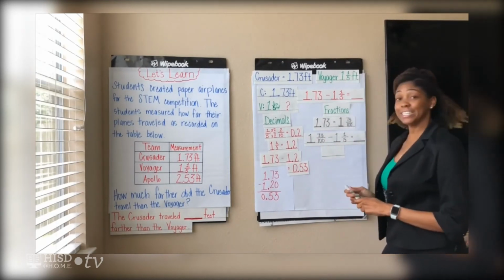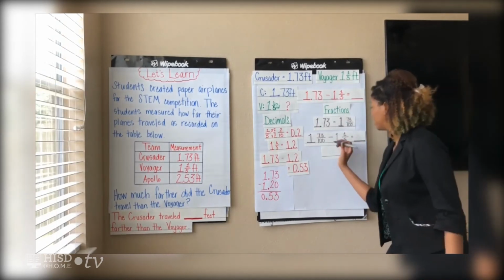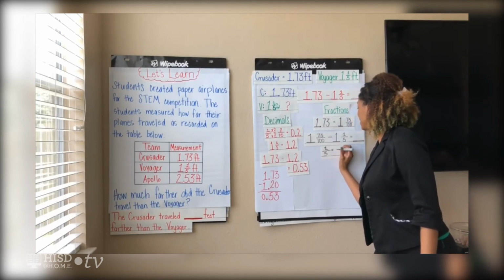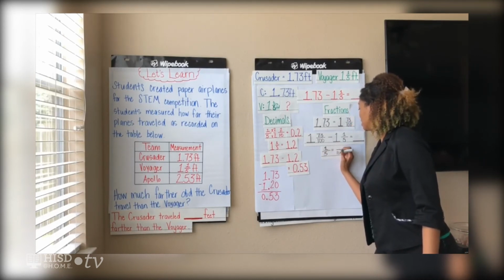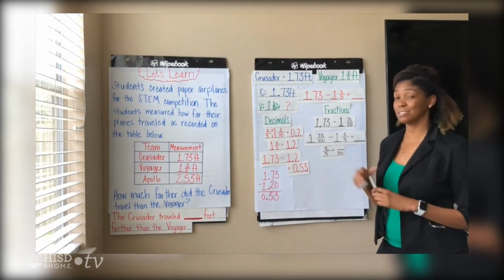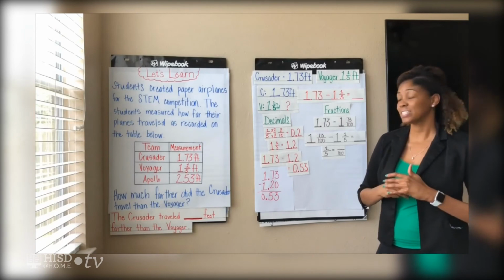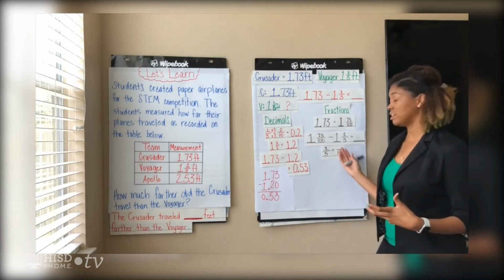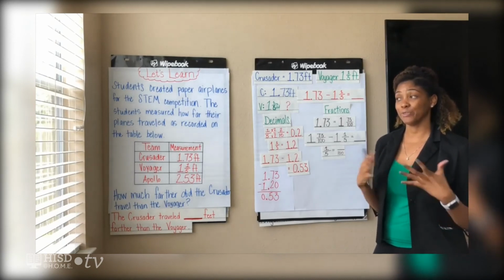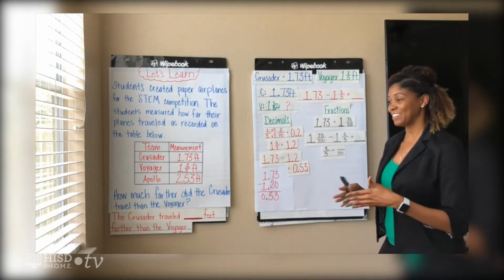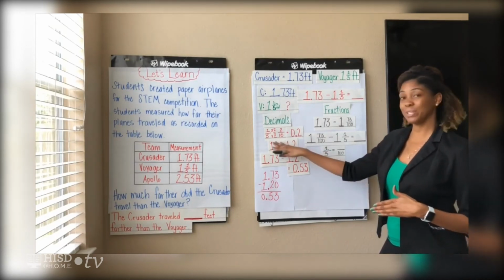I'm going to take 1/5 and rename it to 100ths so we can subtract. So what equivalent fraction can I use to get 1/5 renamed as 100ths? Let's talk about that. We have our fifth pieces, just like we did here.